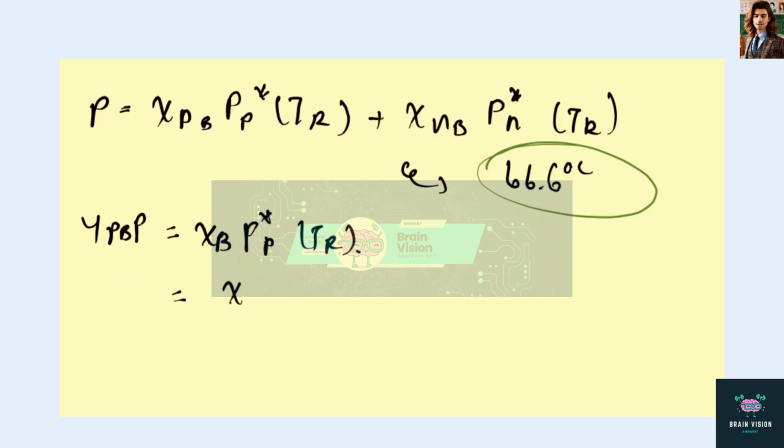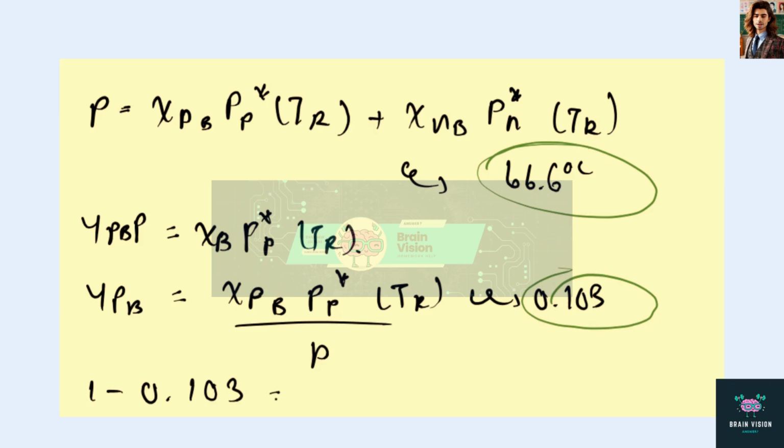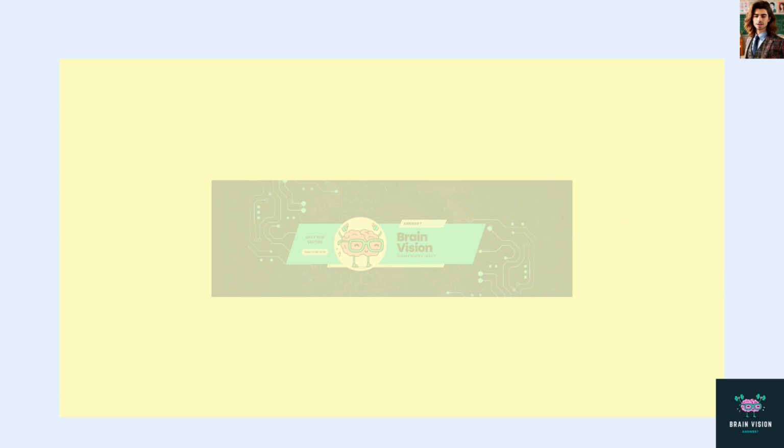That can be rearranged to XPBPPTR over P. And then we solve for 0.103, and then we can look at hexane. So hexane is simply 1 minus 0.103, which would be 0.897. So we've just done pentane and hexane, respectively.